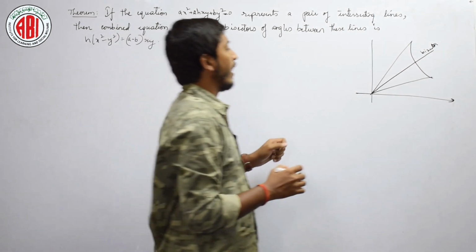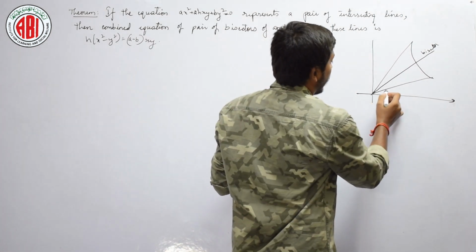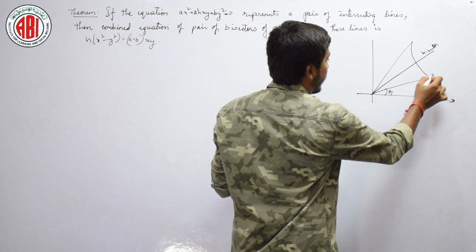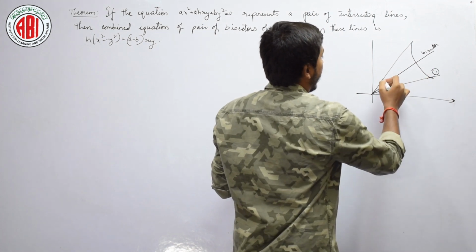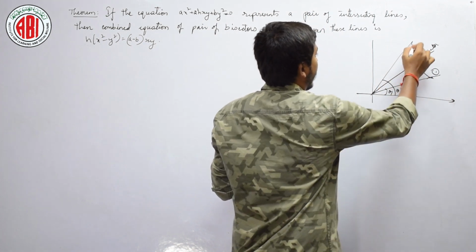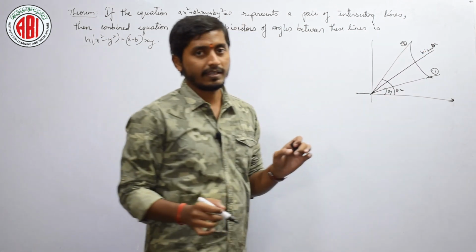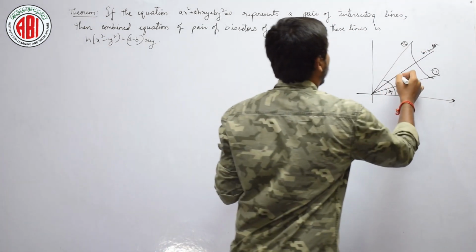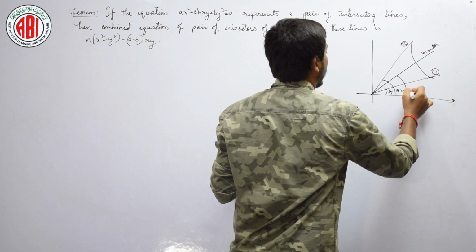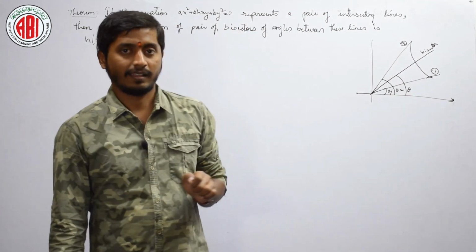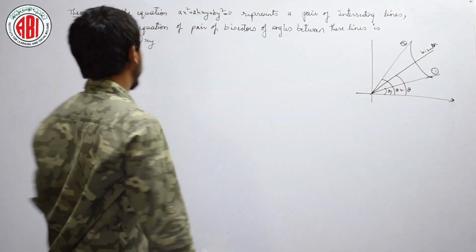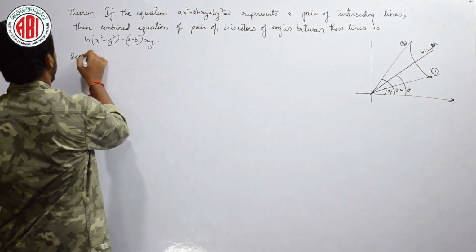Is it okay? Now, let us assume theta 1 with the first equation and theta 2 with the second equation. Is it right? And let theta be the angle made by the bisector. Is it okay? Then let us prove.